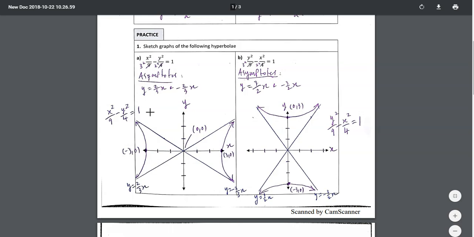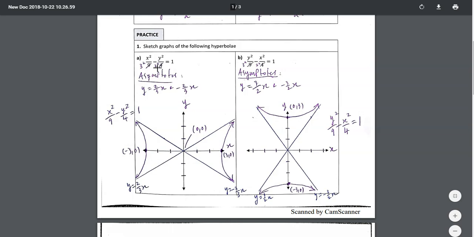So we know that our asymptotes are going to intersect at the origin, and we have a formula for that. It's y equals plus or minus b over a times x, where b is the square root of the denominator of this second term here, and a is the square root of the denominator of the x term.